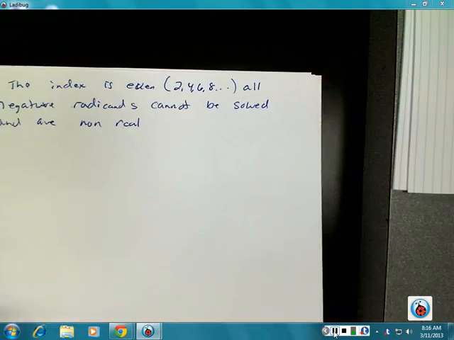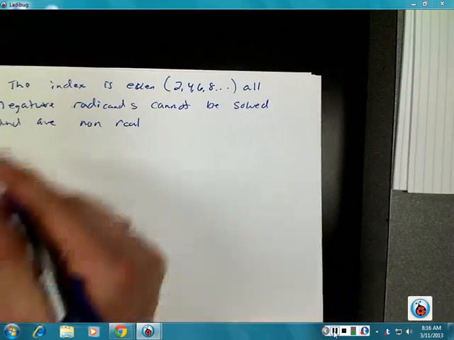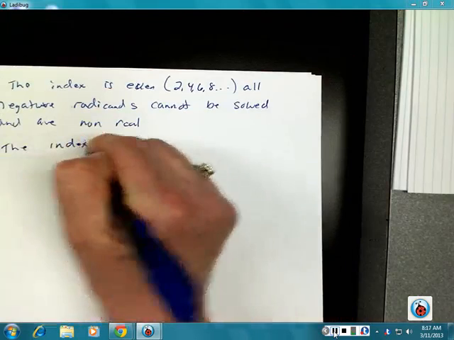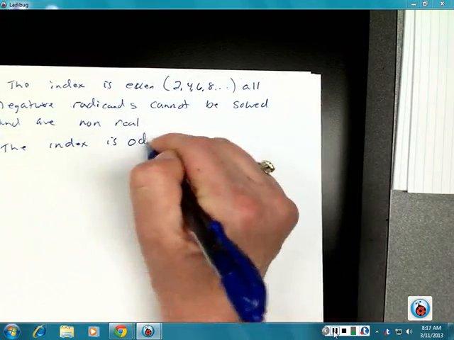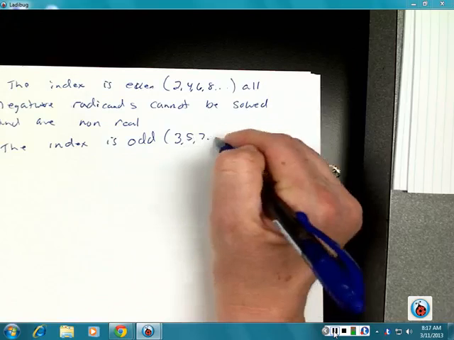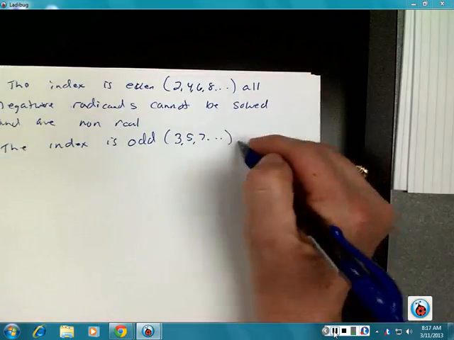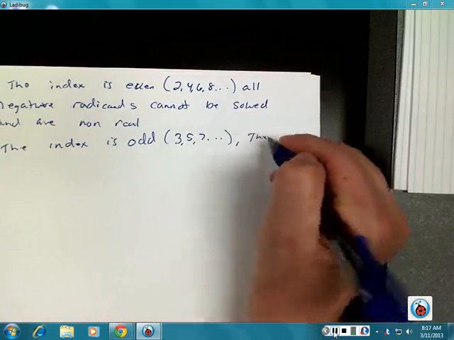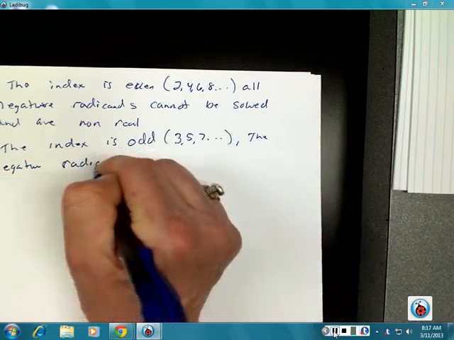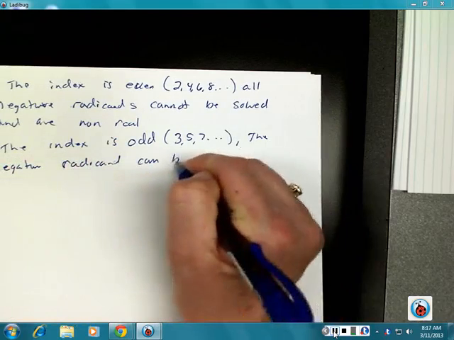But we know every positive one can be solved, so that's the only difference in there. So if the index is odd, such as a 3, a 5, a 7, etc., the negative radicand can be solved.